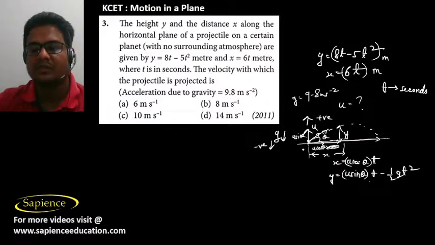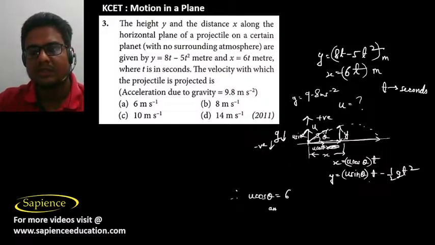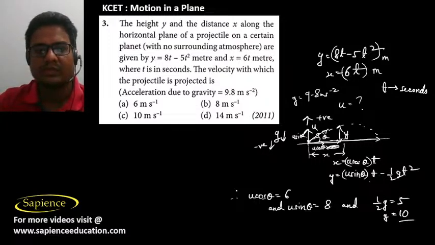So if we compare these two, u cos theta is equal to 6, u sin theta is equal to 8, and half g is equal to 5, so g is equal to 10, so we have to use 10.